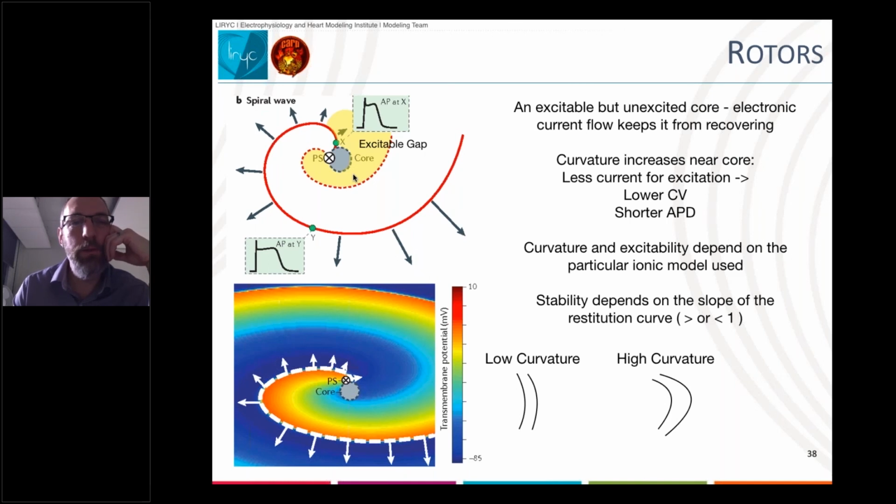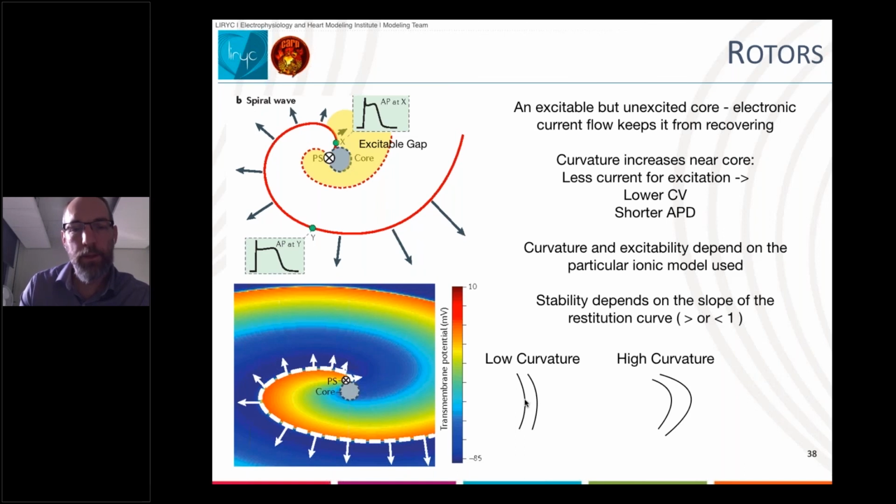So one way to stop a rotor is to stimulate the excitable gap. If it doesn't have an excitable gap, then it has nowhere to go. And you notice that the curvature of the rotor changes. It increases as we spiral in towards the core. And if you look at the bottom here, what does curvature mean? When you have low curvature, and this shows the wavefront at 2 different times, the wavefront doesn't really change in size, which means that a cell in the wavefront only has to excite one cell ahead of it.